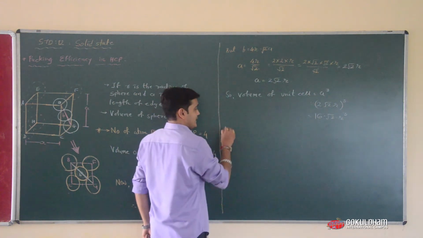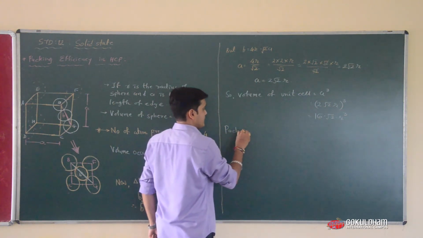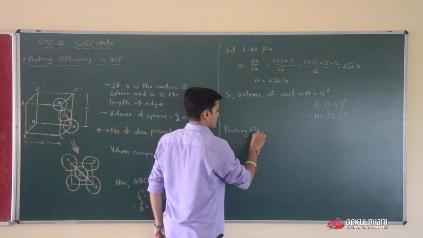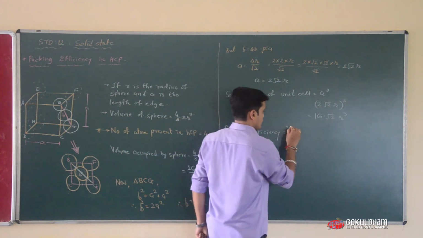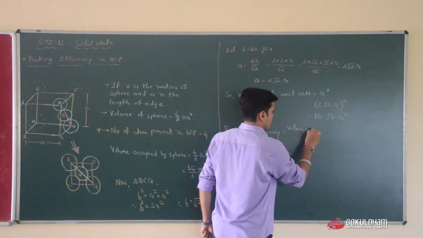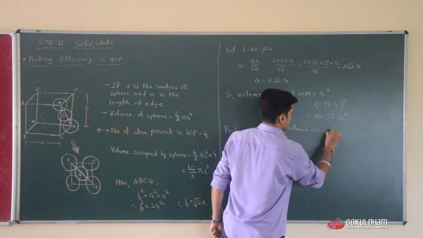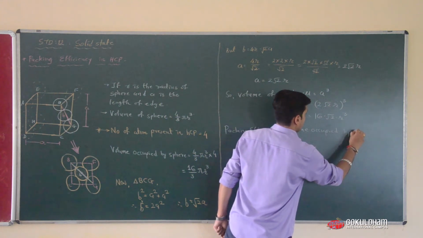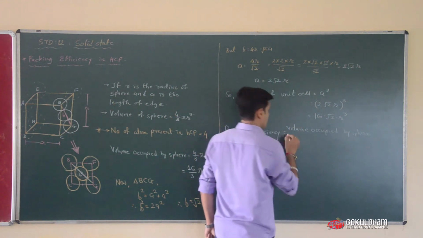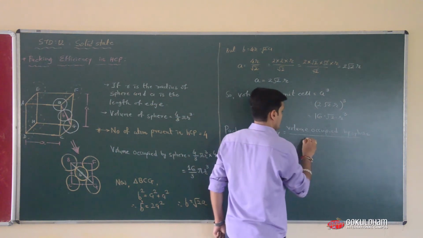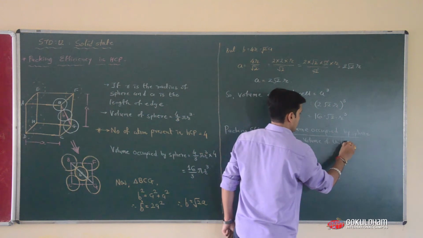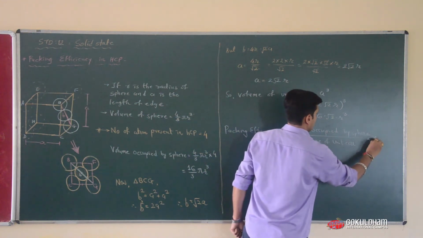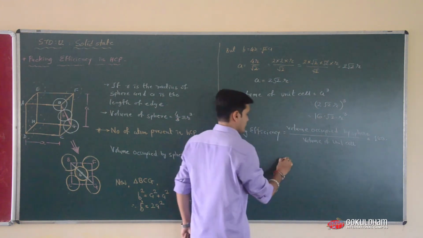So our final answer for packing efficiency is equal to volume occupied by spheres upon volume of unit cell into 100.